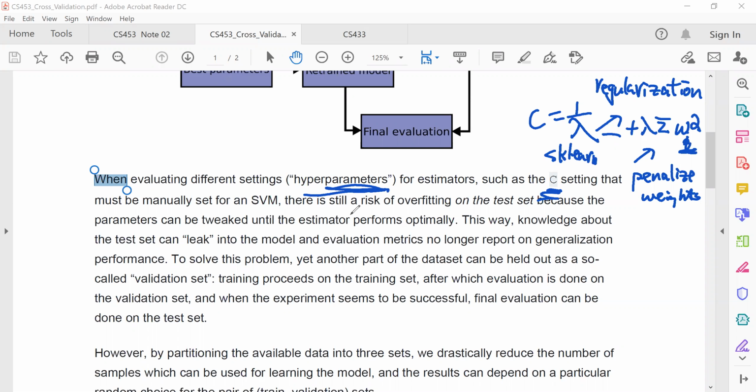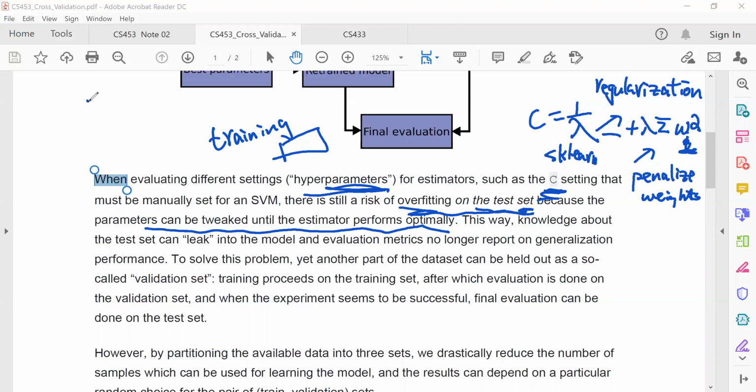Here it says there's still a risk of overfitting on the test set. So even though you train the C with the original training data set, it says there's still risk of overfitting the testing set, because the parameters can be tweaked until the estimator performs optimally, and then it will lead to overfitting.